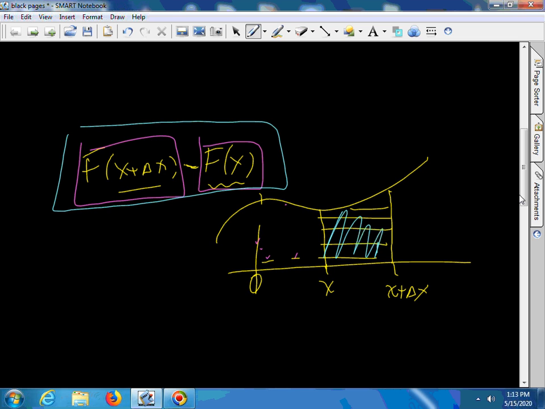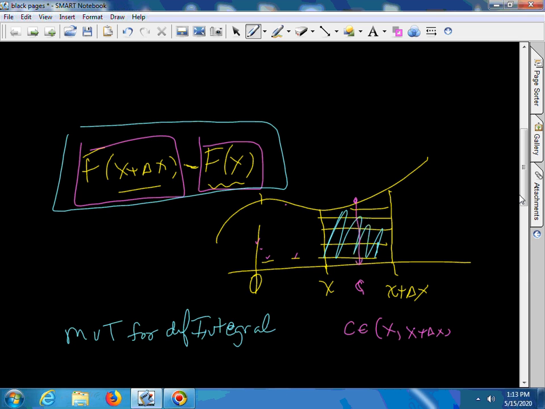Now, by the mean value theorem for definite integrals, we know that there is a c in the interval x to x plus delta x. Say it's right here. There's c.